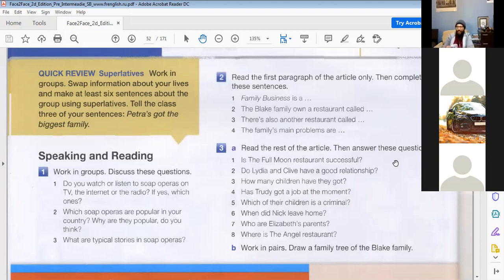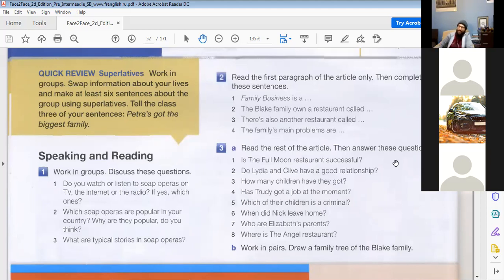The man, Clive. He will divorce her and marry the Angel restaurant. Marry Eve. Yes. I think that's a good plan. I would do that too, yes.